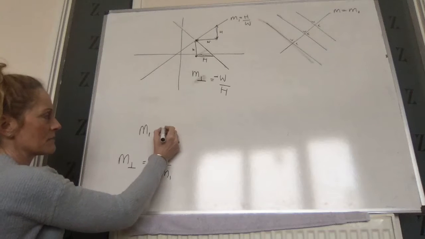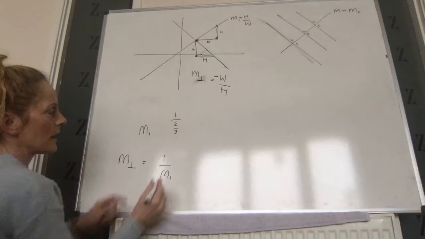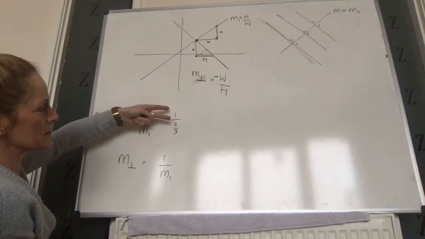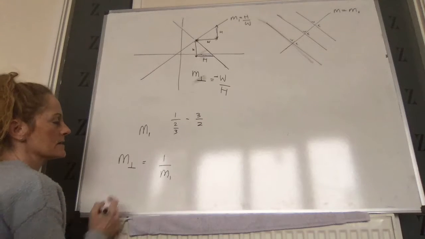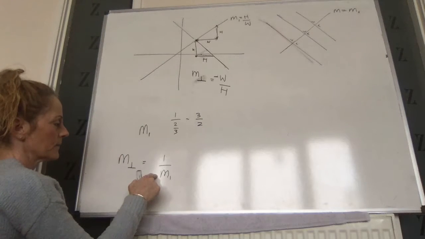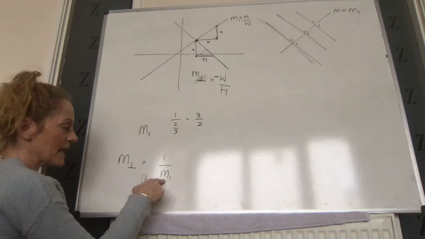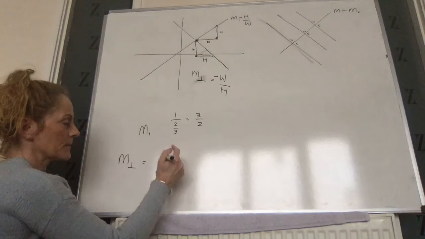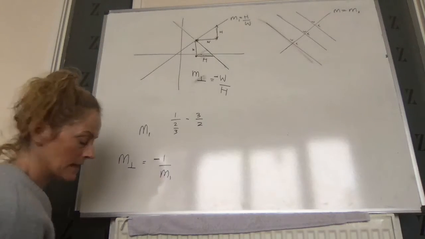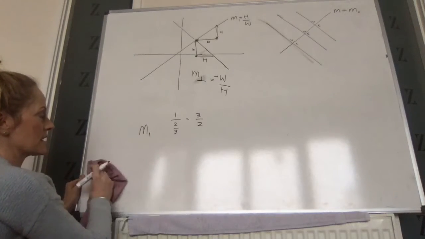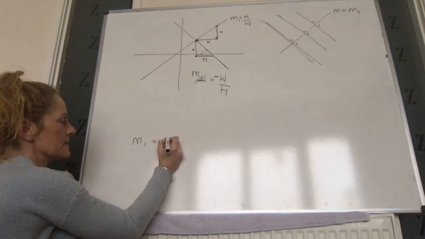Okay, so to get the reciprocal of a fraction, you do 1 over the fraction, and when you get the reciprocal of a fraction, it turns the fraction upside down. So when two lines are perpendicular, then the slope of the perpendicular line is 1 over the slope of the actual line, which is the reciprocal of it, with the sign changed.